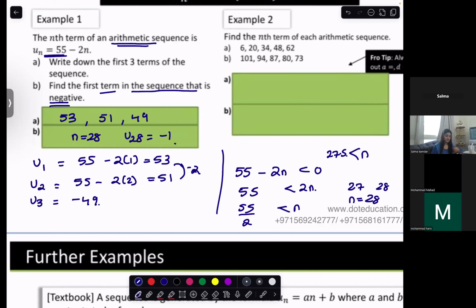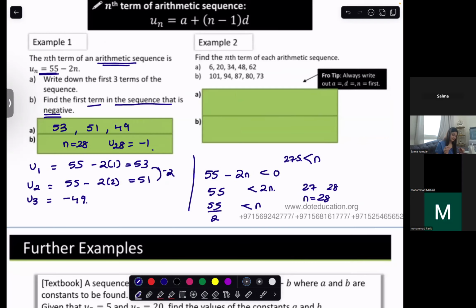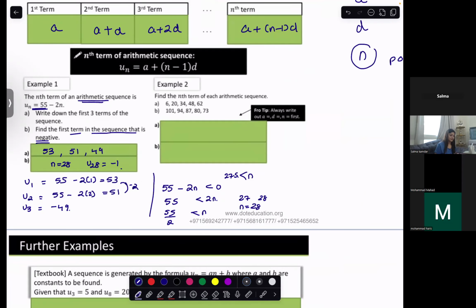Find the nth term of each arithmetic sequence. For the A part, first we need the A, which is going to be the first term, which is 6. Whenever you're solving an arithmetic sequence, whether it's a 2 marker or a 3 marker, clearly define your A and D. This will ensure that you're not making any mistake.